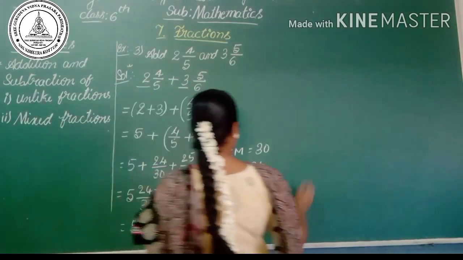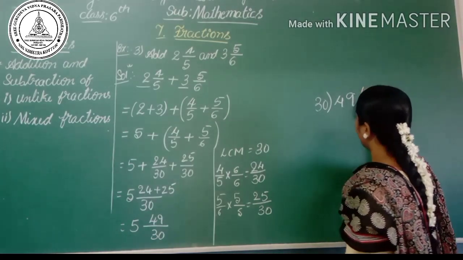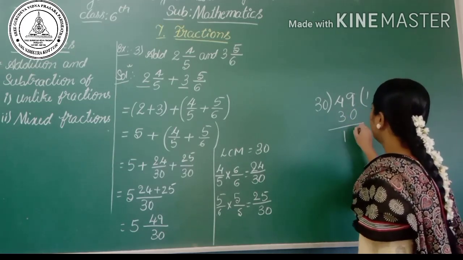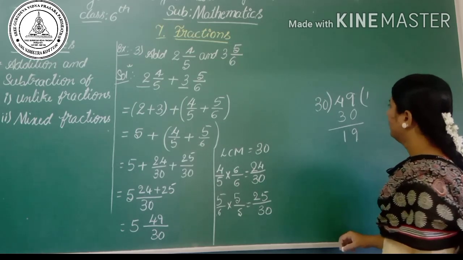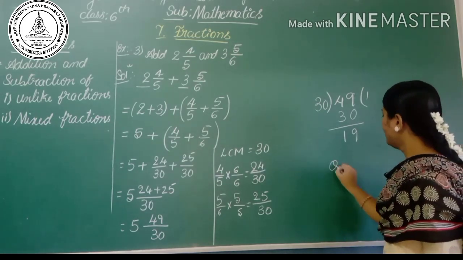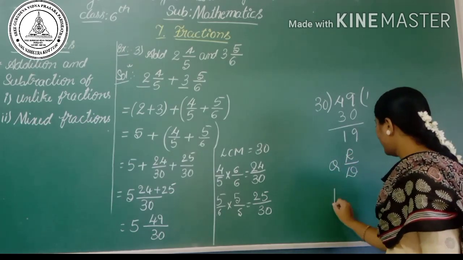Okay. Convert here, divide 49 by 30. 30 1s are 30. Remainder is 19. Okay. Yes. Now we can write here quotient whole, remainder by divisor. Right. Quotient is here 1.